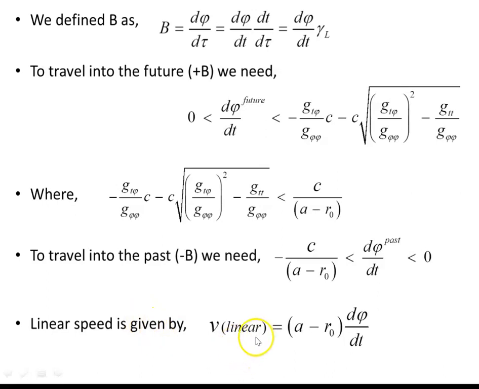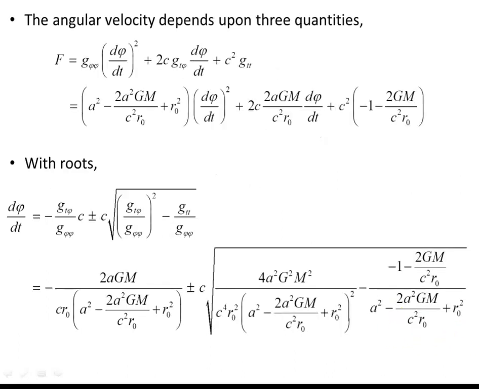The linear speed, just as a reminder, is the radial value times the angular velocity coordinate. Now the angular velocity depends upon three quantities. So, f, here's f again. Our value of f depends on that, but let's start with f first, then we'll get down to the angular velocity down here.